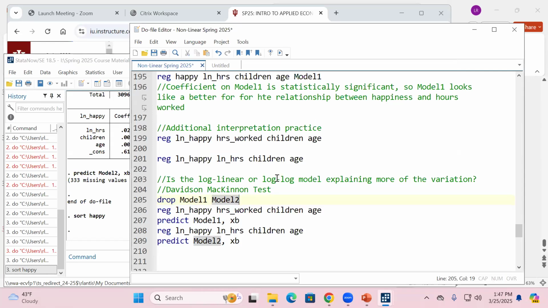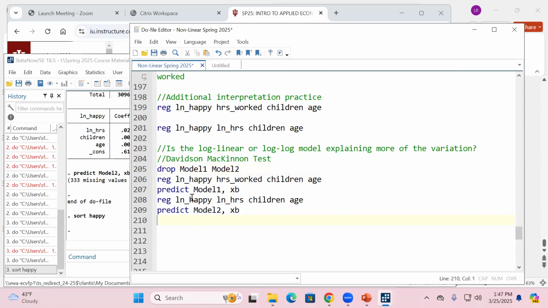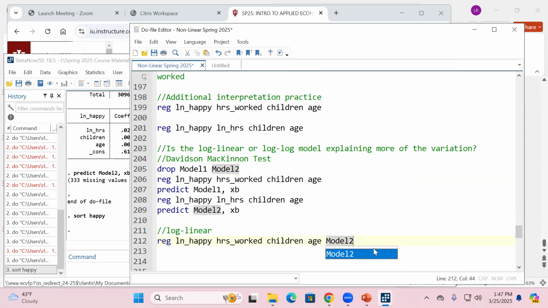Ignoring that factor for a second, I can then look back, okay, I've got my predictions. I'm going to run my log level, or log linear, relationship, but I'm going to include the predictions from my second model, which was the log-log model.